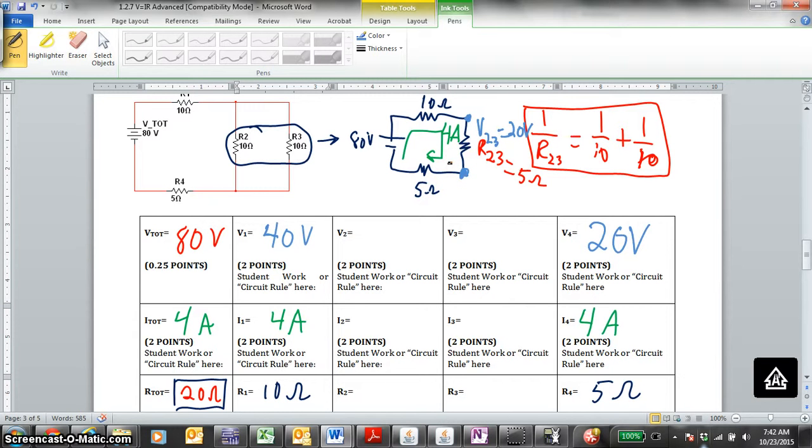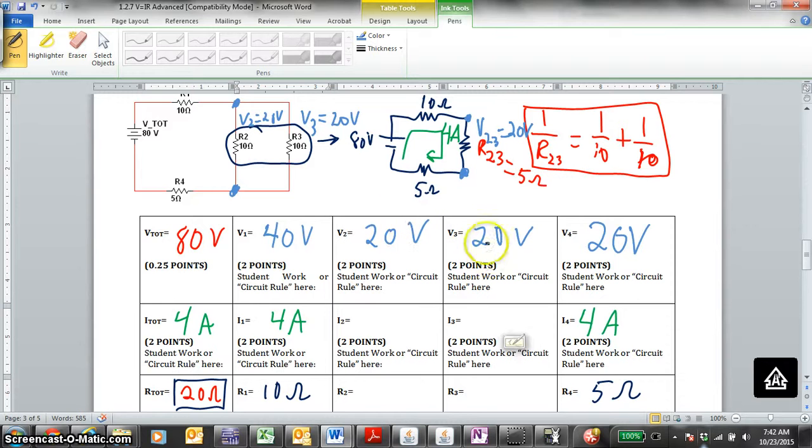Remember the relationship in parallel. When we split it off to parallel, if we know the voltage drop here, V2 is 20 volts. That means the voltage at 3 is also 20 volts. You can write those in here.